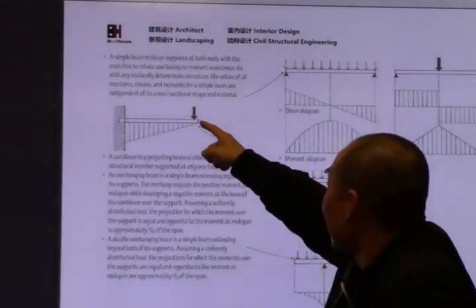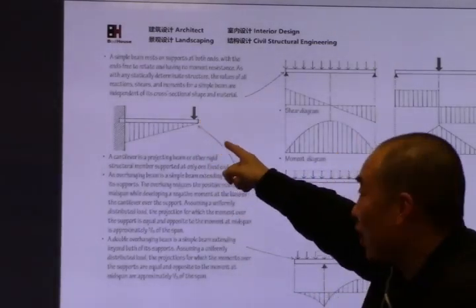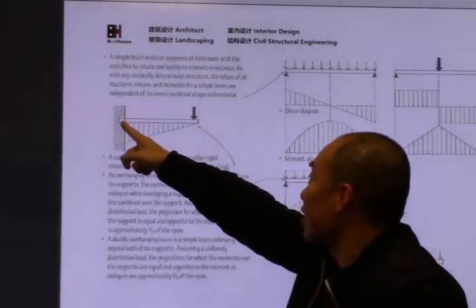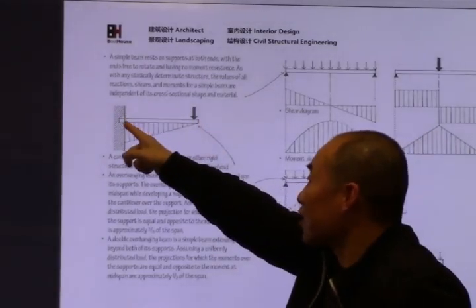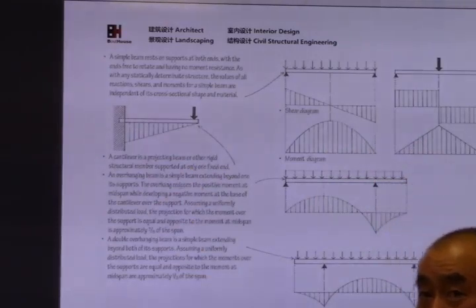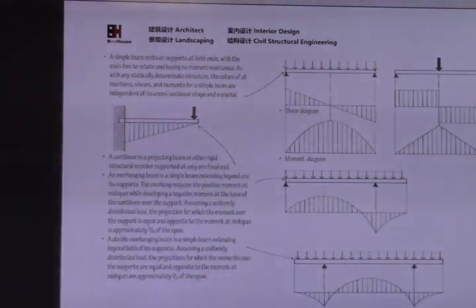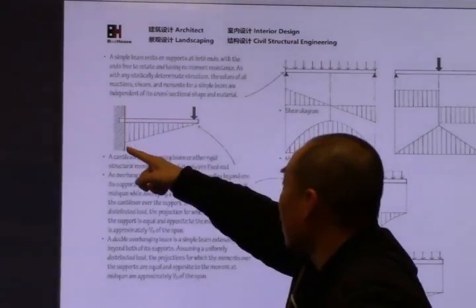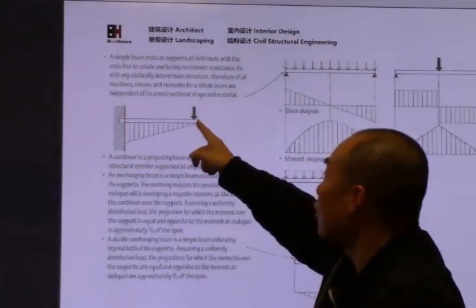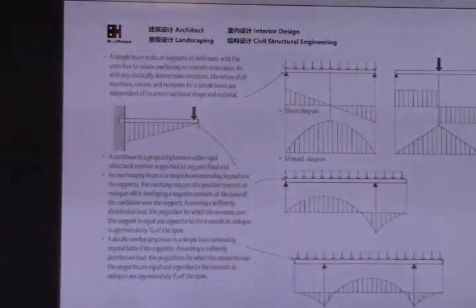That one is a cantilever beam, right? So this side must be a moment connection, right? If it's a pin connection like this, versus a moment connection with a fixed support, it has a very big moment here. This is no moment, right? It's the end, no moment.